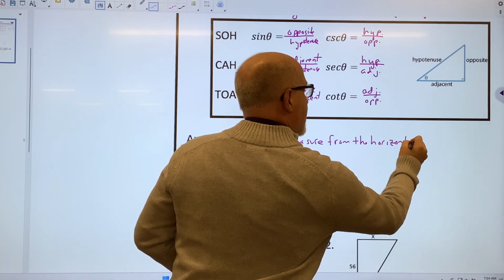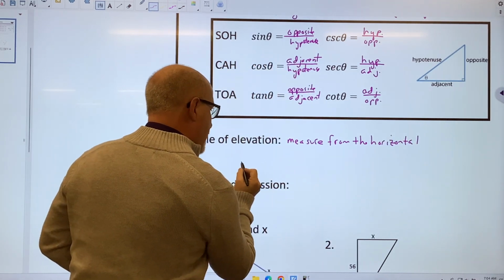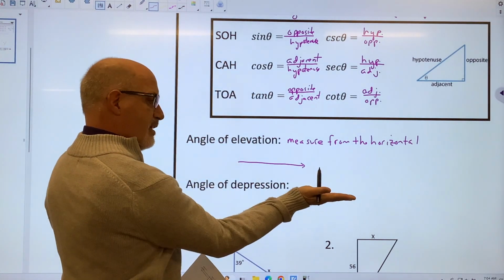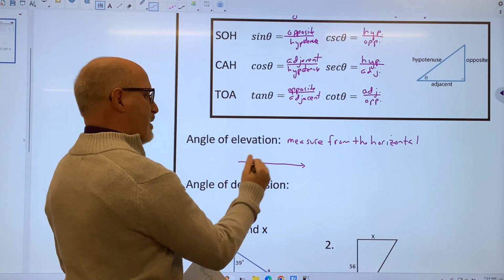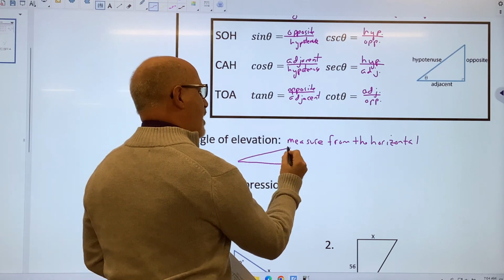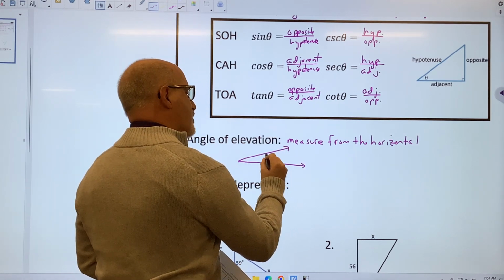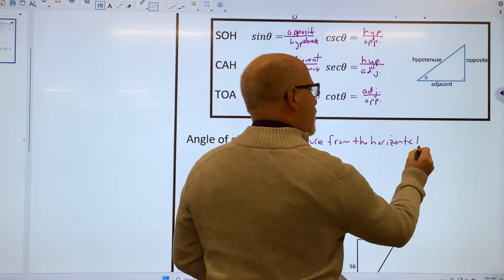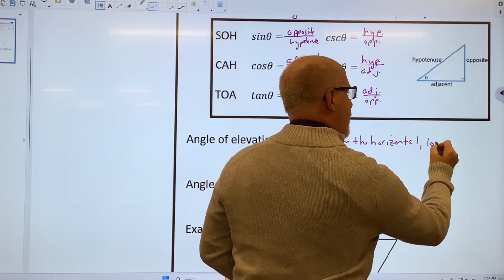So if this is my horizontal line, since it's elevation, you want to go up with it. You want to have an upwards looking angle. So this would be my angle theta. So measure from the horizontal and then looking up.